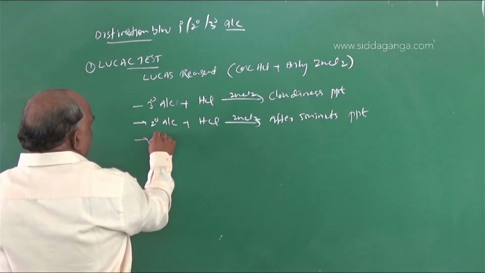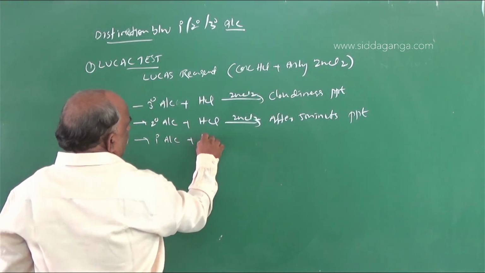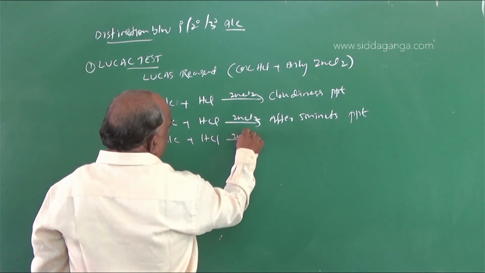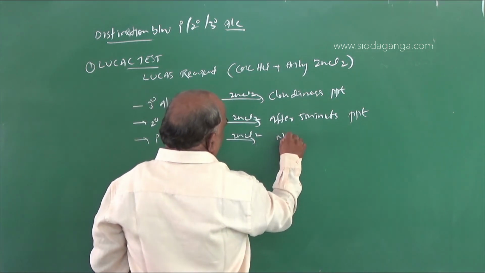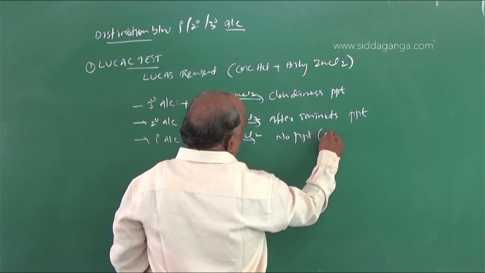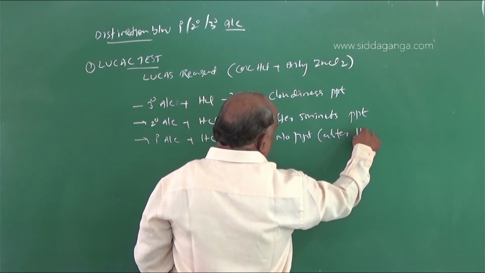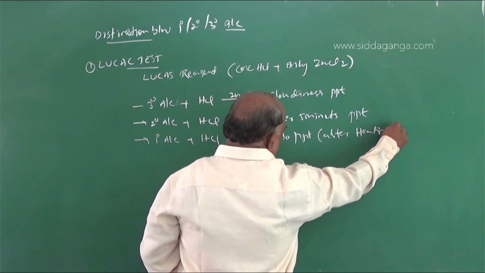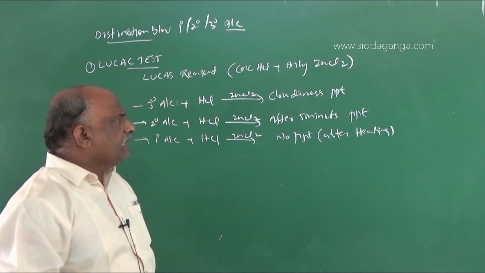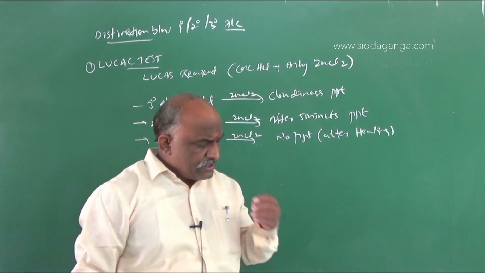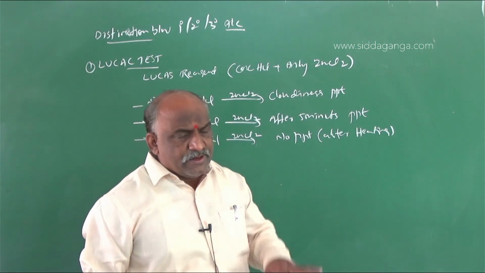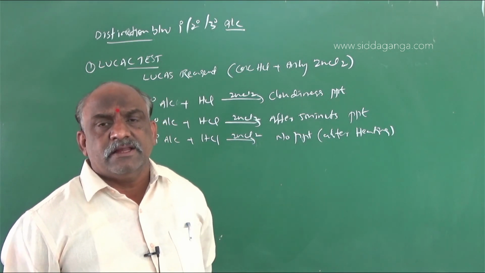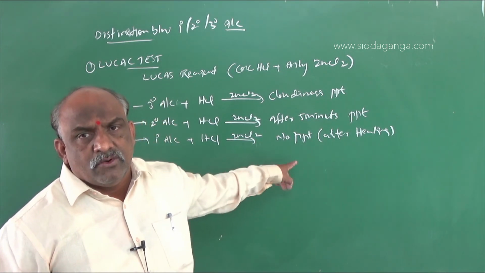Then primary alcohols plus Lucas reagent: what happens? No precipitate. After heating, if you get cloudiness, then that is a primary alcohol. So primary alcohols do not react with Lucas reagent.